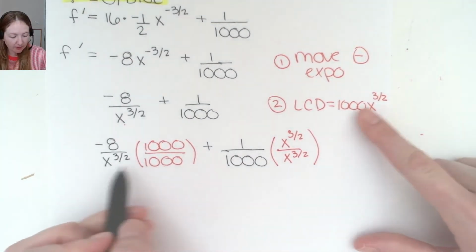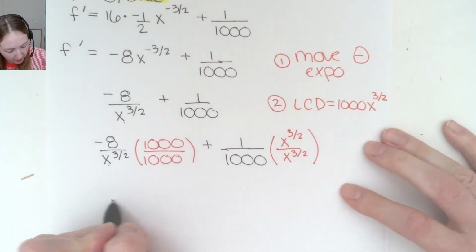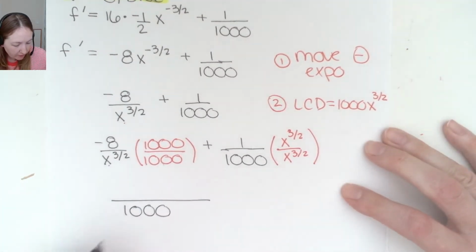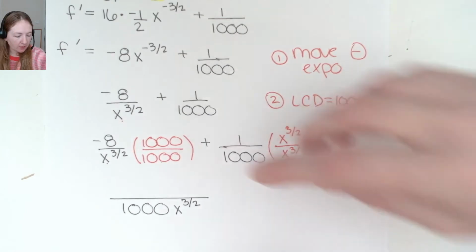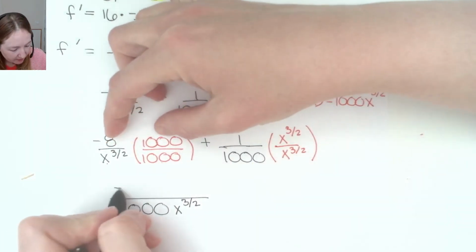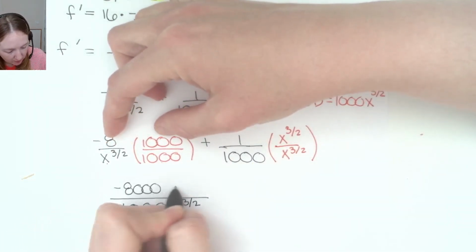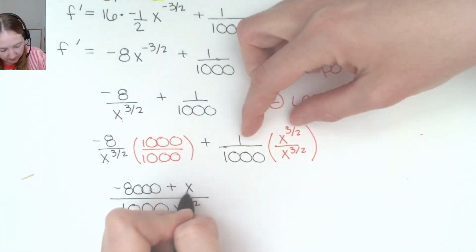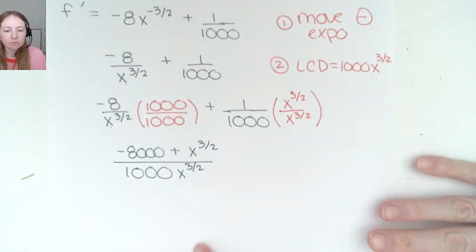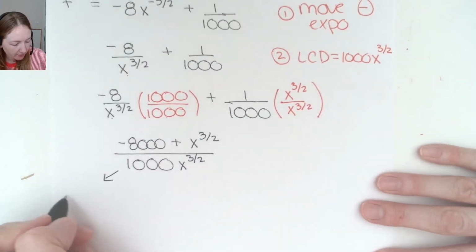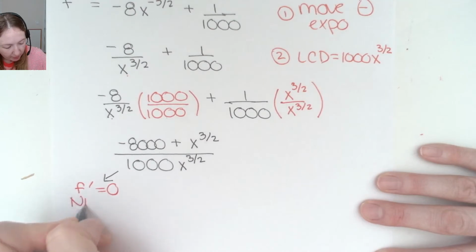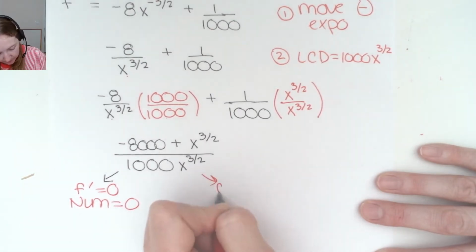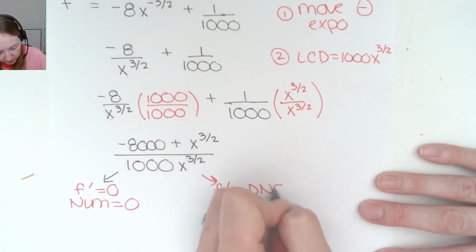Now that both have 1,000 times x to the 3/2, I can write that as one big fraction with 1,000 x to the 3/2 in the denominator. In the numerator, I would have negative 8 times 1,000, so negative 8,000, plus 1 times x to the 3/2. Then I would set the numerator equal to 0 and the denominator equal to 0 as part of finding the critical numbers.